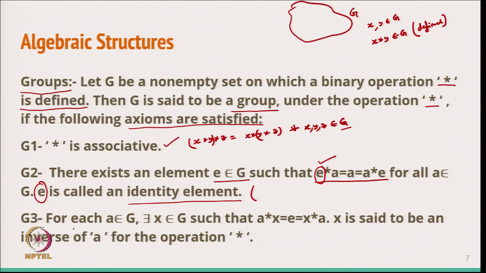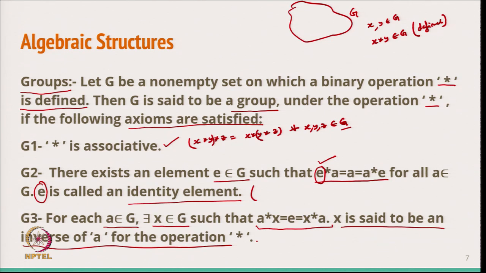Then the third one is that for each A belongs to G, you choose any element, and if there exists an x belongs to G such that A star x or x star A is E, then I can say that x is said to be an inverse of A for the operation star.